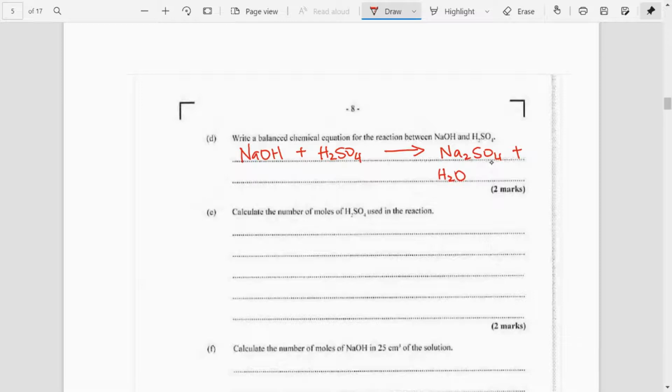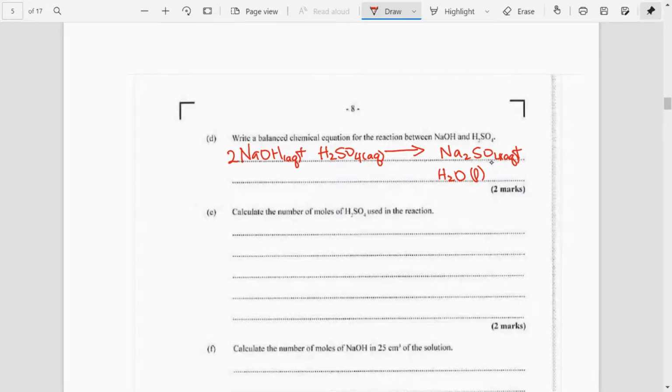Of course, you have to remember our state symbols, aqueous and liquid. And of course, remember our coefficients to balance. So you have one sodium here, two sodium over there.